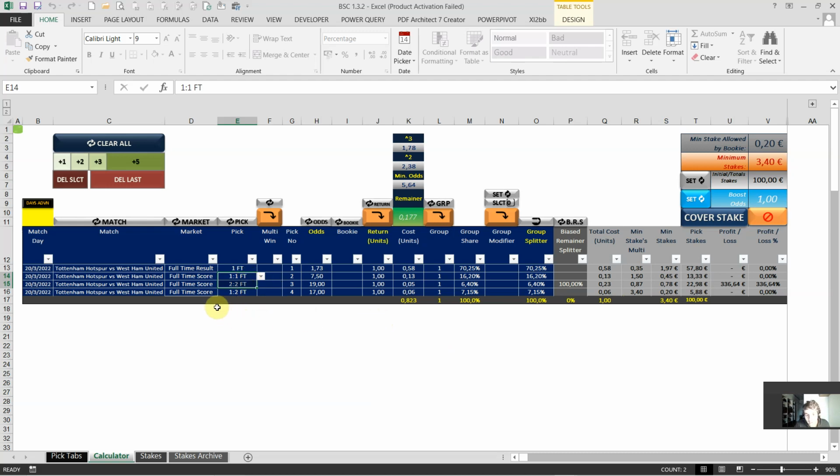If you would like to have equal profit no matter which of these two selections is the winner, then we have to group them. So we start by choosing the pick or the odds or the specific cells representing the row. So, not to be confused, I just select the pick column 1-1 and 2-2.